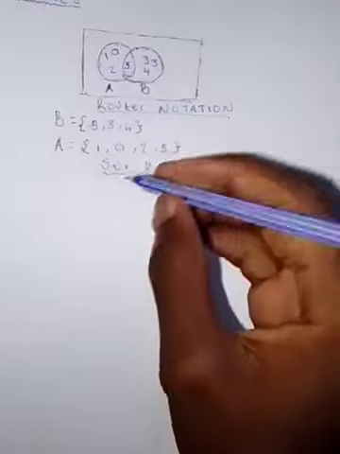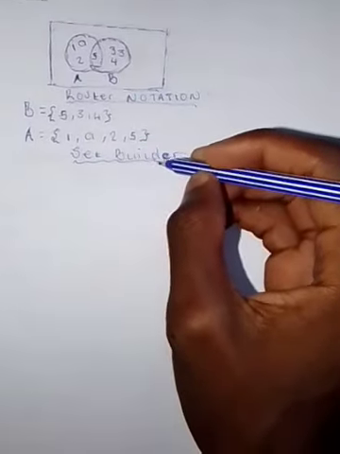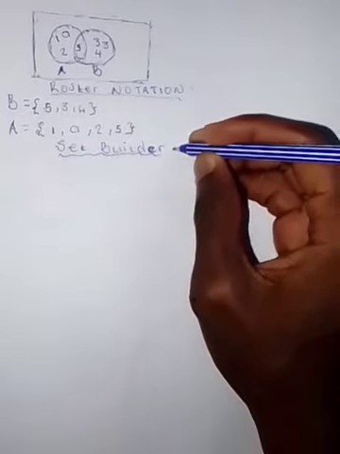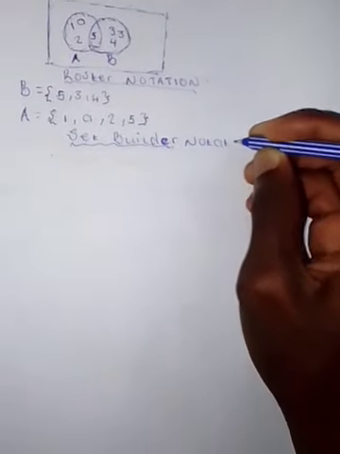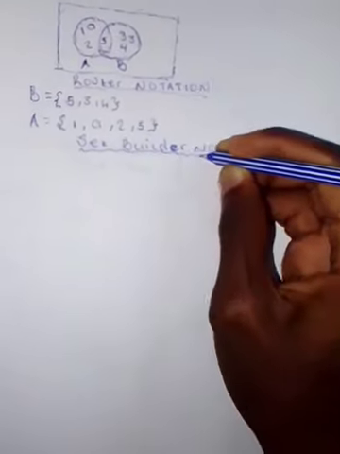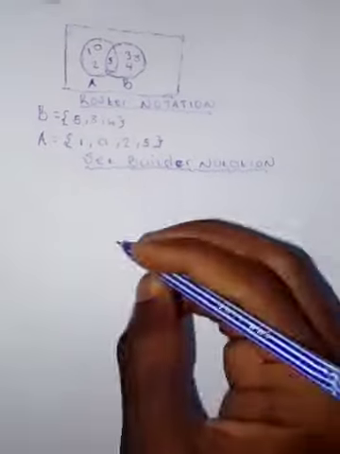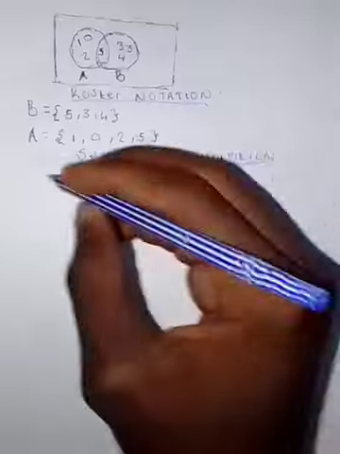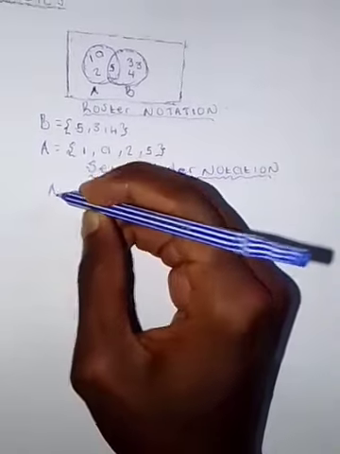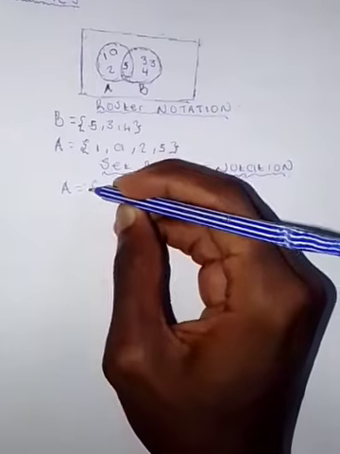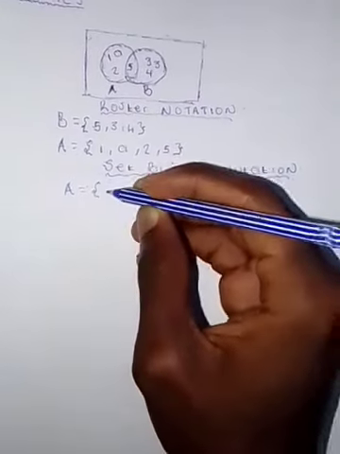When you are representing a set using the set builder notation, let's say we have a set in roster notation, A, which is a set of natural numbers.